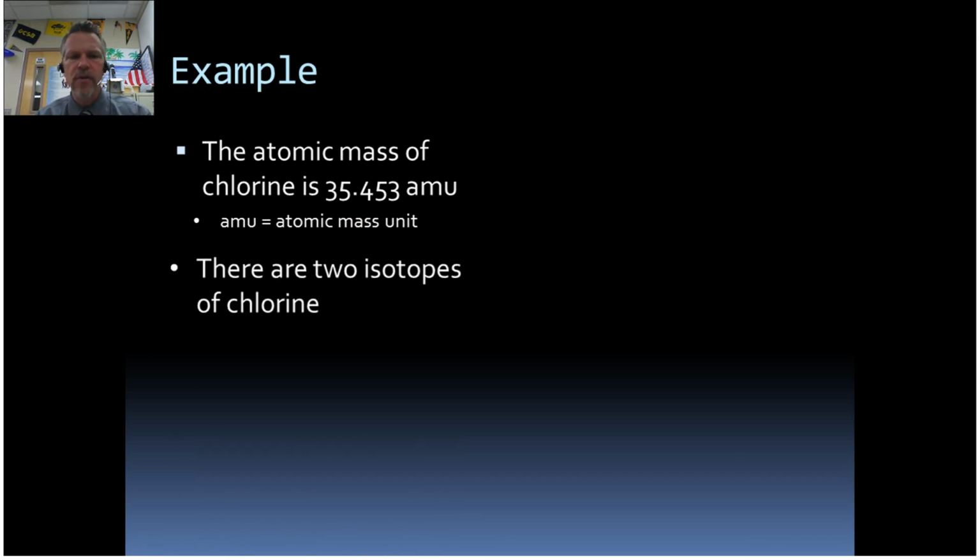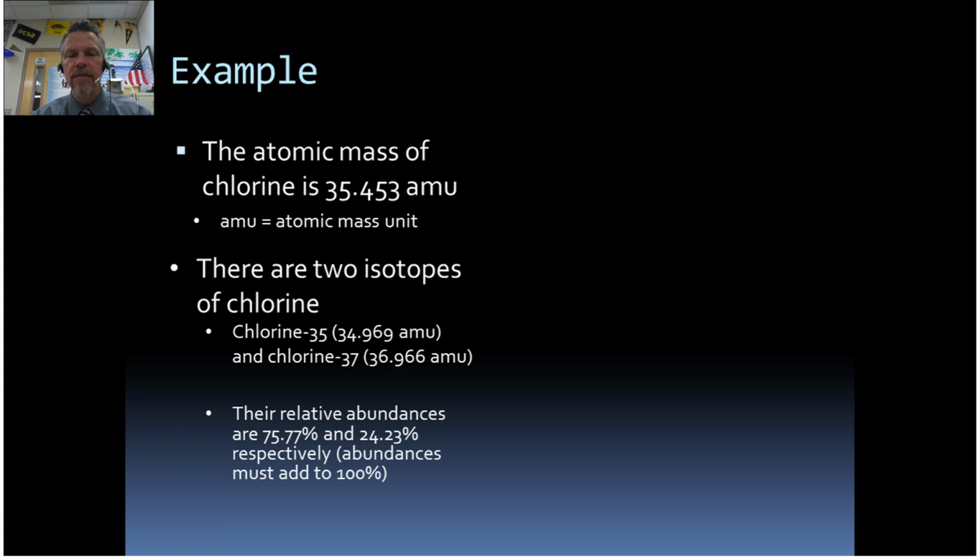Okay, there are two isotopes of chlorine. One of them is called chlorine-35, and one of them is called chlorine-37. Chlorine-35 has an atomic mass of 34.969 AMU. And chlorine-37 has a mass of 36.966 AMU. And the relative abundances, you have to be given this kind of information in a question.